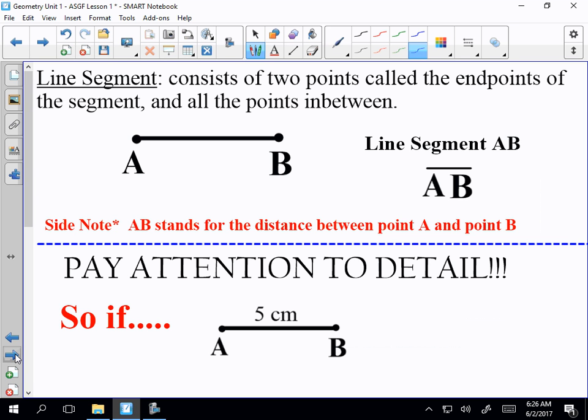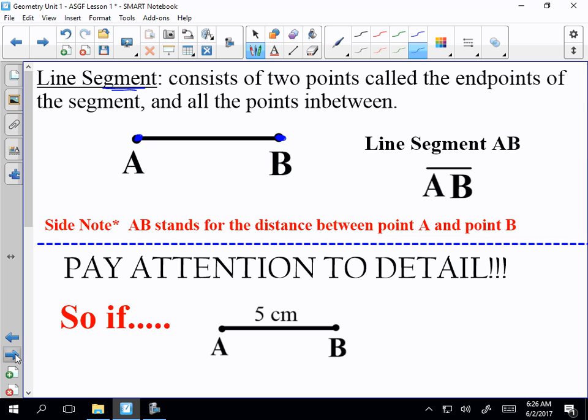Our next term that we have to define is line segment. A line segment does have a starting and ending point, very different than the line itself. A line segment is defined by the 2 points that start and finish the segment. It's actually something that we can measure, and that's an important piece.